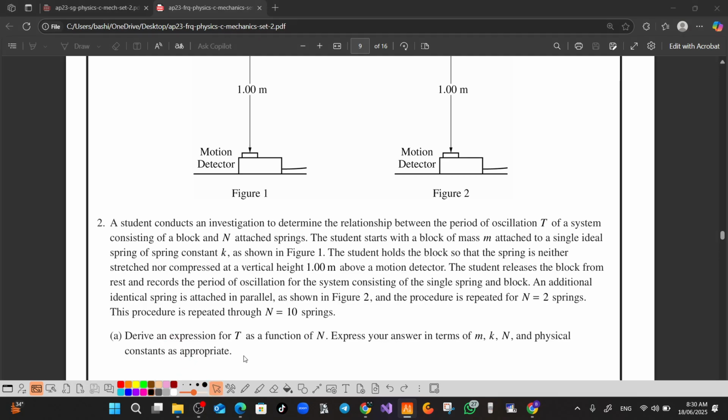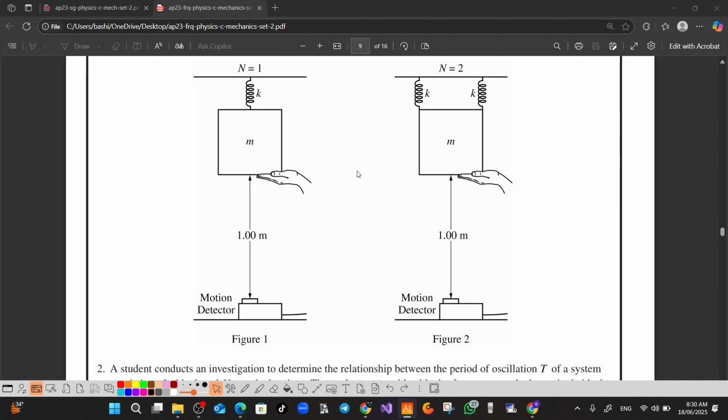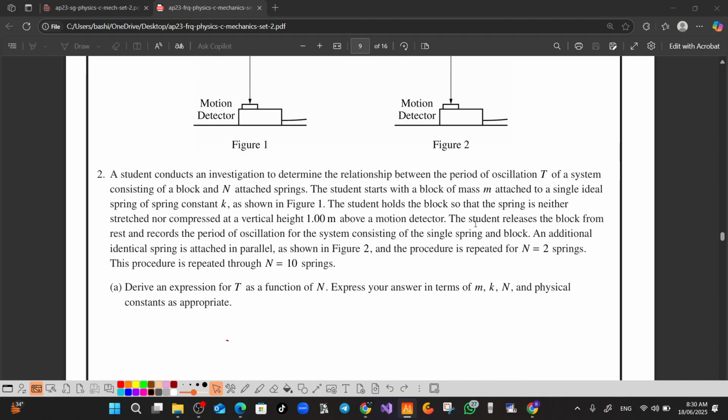Now, as shown in figure 1, let's break down the figure. This figure 1 consists of only one ideal spring, one mass, the hand to release the object from rest, and the motion detector. The motion detector is used for different things. One of these things is to measure the period T. Let's complete.